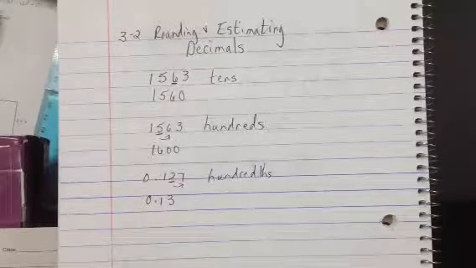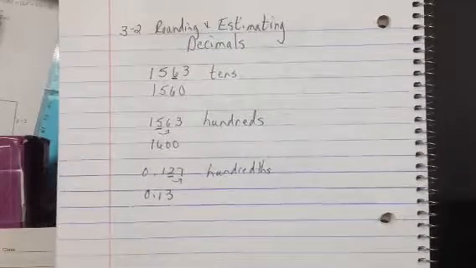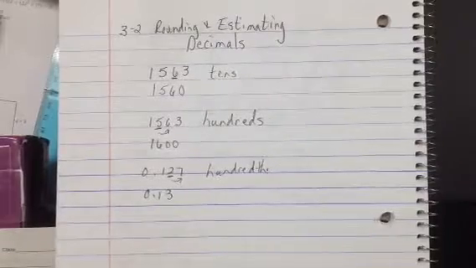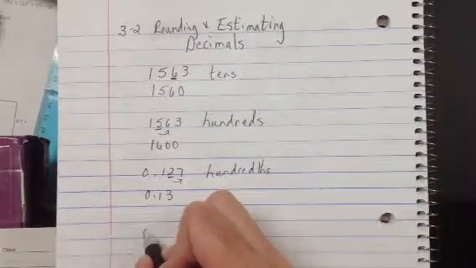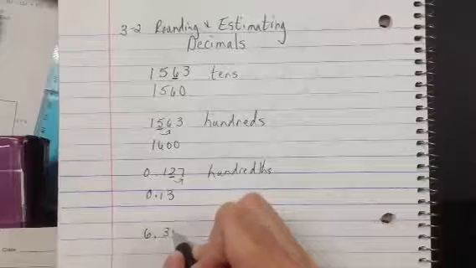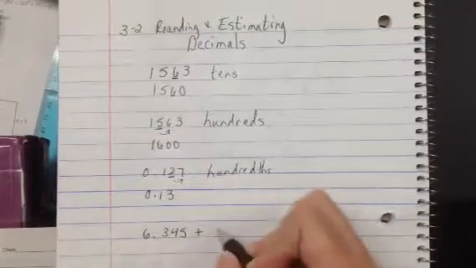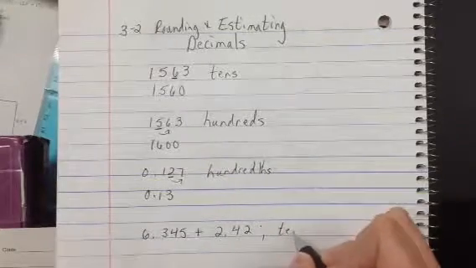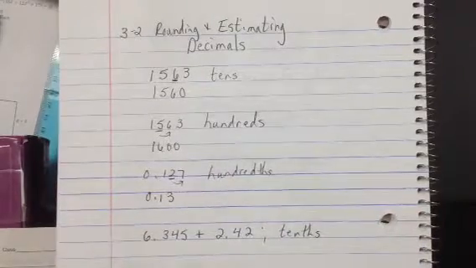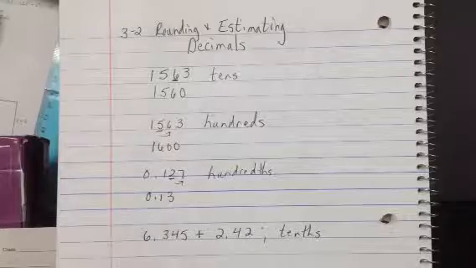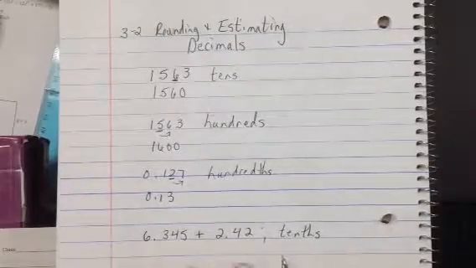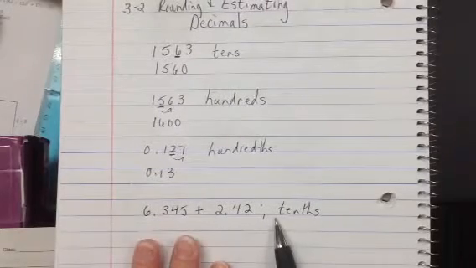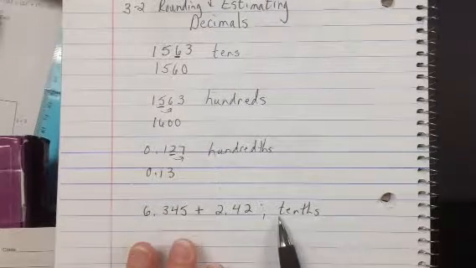Then the next thing that will happen is I may be asked to estimate things by rounding. So I have a question here that says 6.345 plus 2.42, and then it says tenths, because the directions are to estimate by rounding to the indicated place value. So this is not a question that is necessarily going to be mental math.